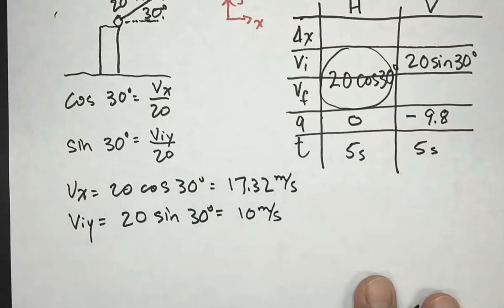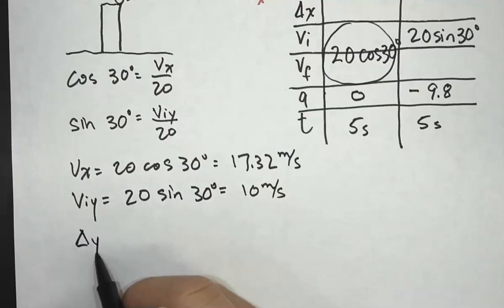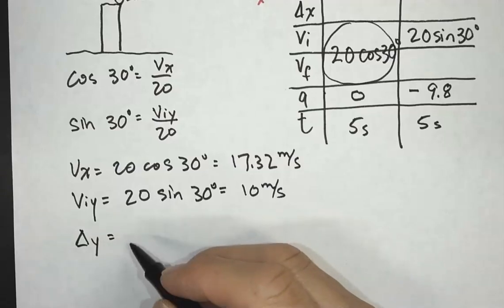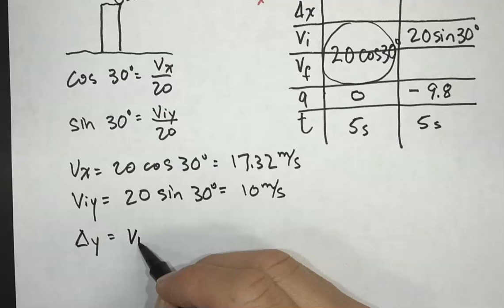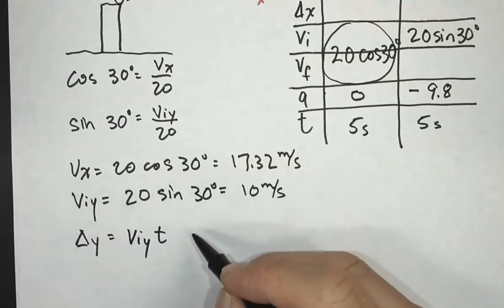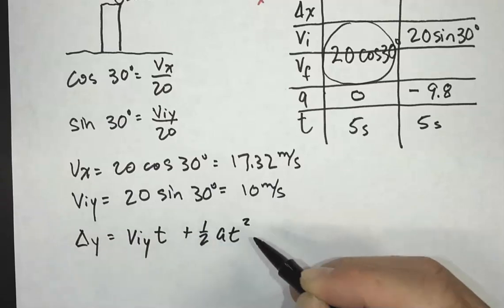Okay, so now we're looking for the delta y. We're going to use one of our kinematic equations. We're looking for how tall is the building, right? How tall is the building? And so delta y is equal to Vi, and then y, because we're dealing with vertical direction, Viyt plus 1 over 2 at squared.